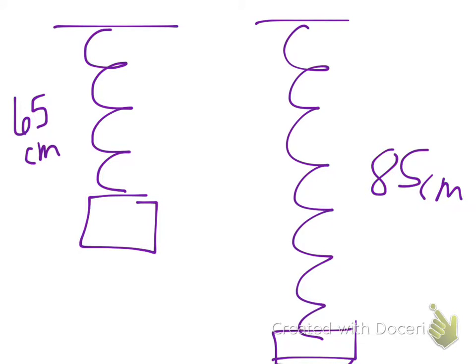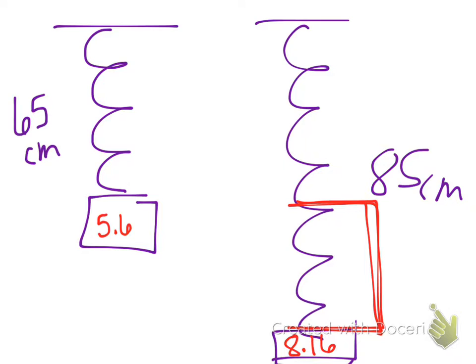But what we do know is that there's a change in the spring when this new mass was added to it. And I think this was about 5.6 kilograms. And I think this one down here was 8.16 kilograms.